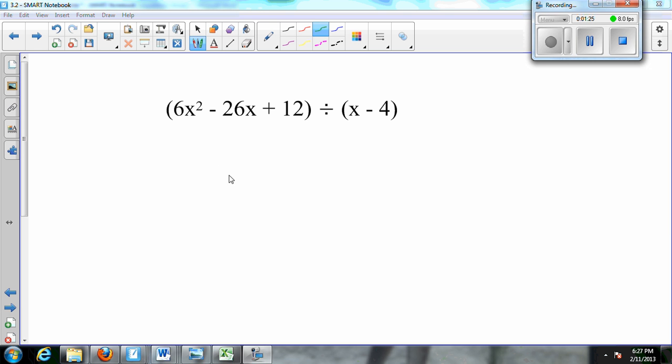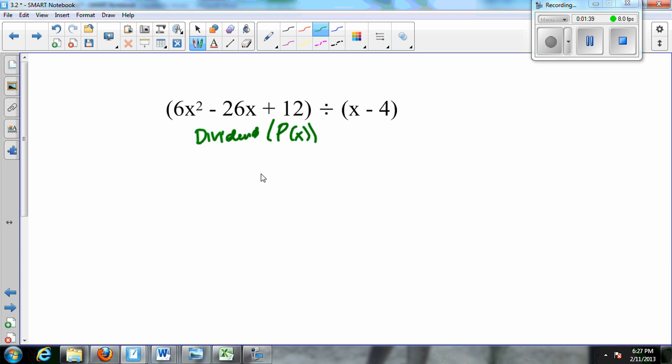So we have our dividend, which is p of x, and we're getting divided by x minus 4, our divisor, which was d of x. So let's set it up into p of x divided by d of x.